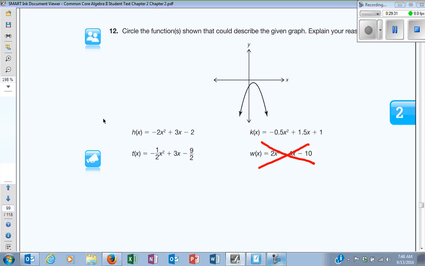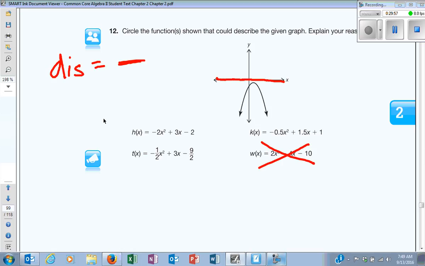How can I figure out the x-intercepts for these guys? What did we say? What do I know is going to happen with my discriminant? Since there's no x-intercepts, what do I know my discriminant would have to be? Negative.